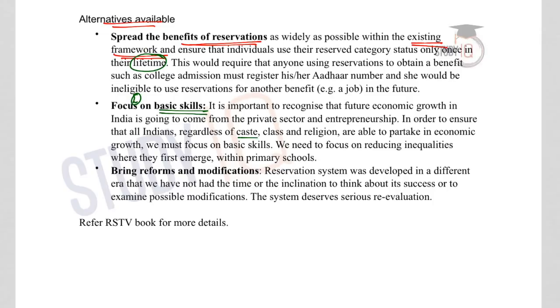So, regardless of caste, class, religion or status, the government should invest in developing basic skills in the citizens. This will provide them better employment opportunities and thereby better living conditions. Now, thirdly, the government should bring in reforms and modifications to the existing reservations itself.